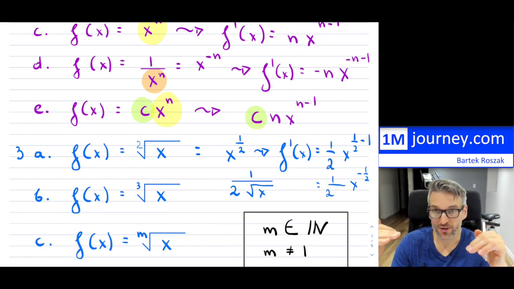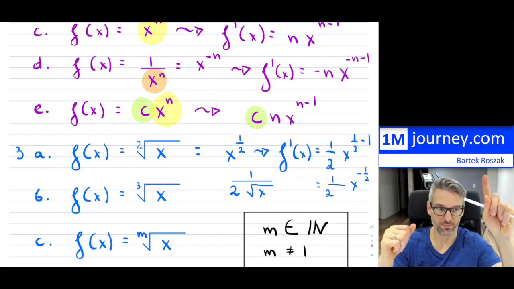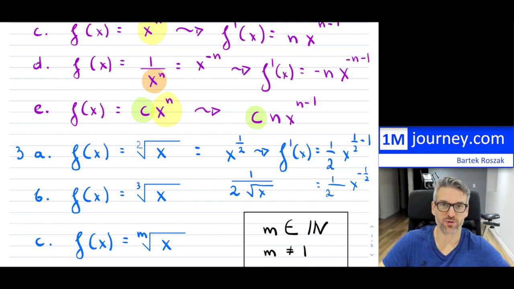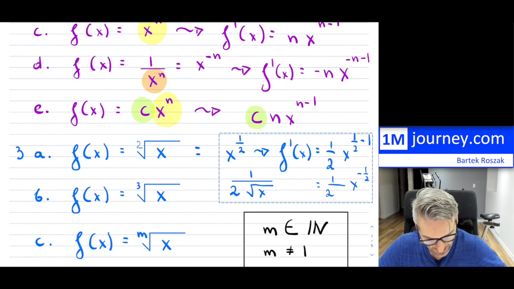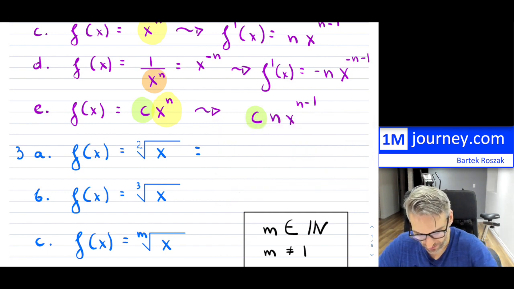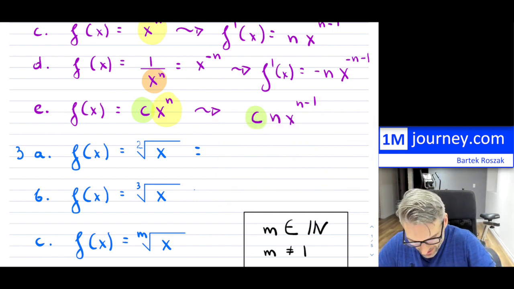Now, if you've forgotten radicals and the exponent rules, I'll put up a link above for you, in case you want to review that material from grade 9, possibly grade 10. Now, does this hold true for the rest of them? What if I had this?